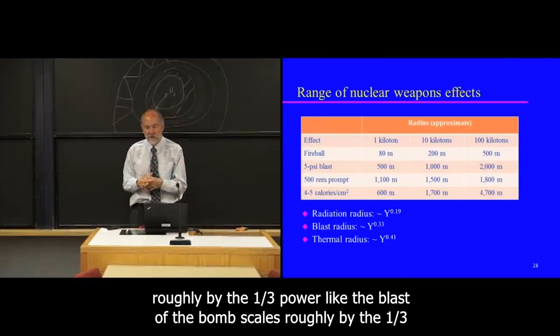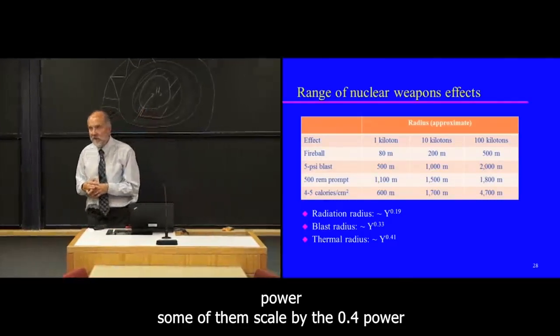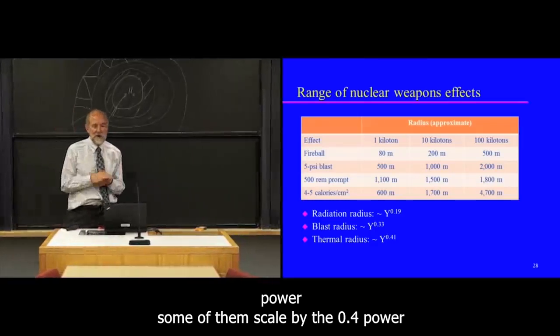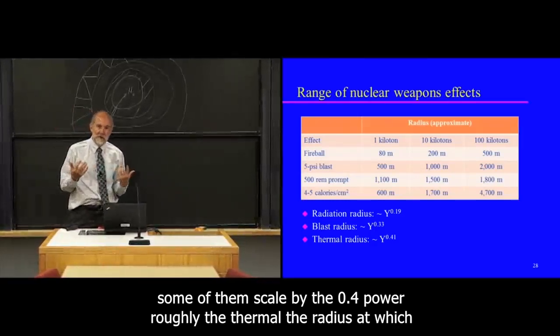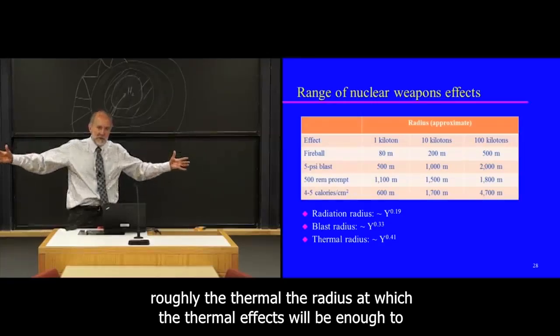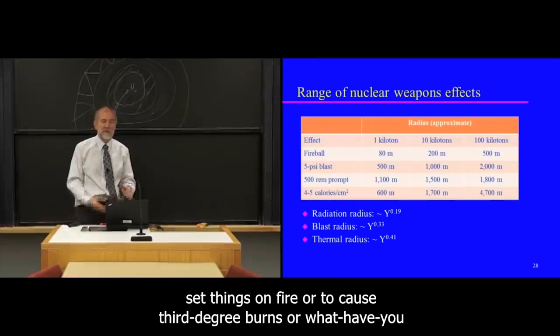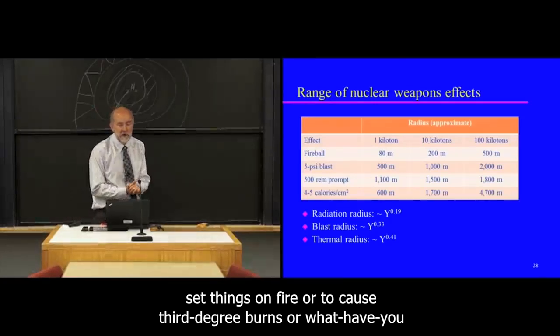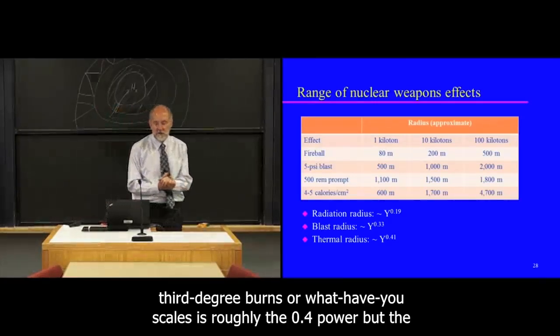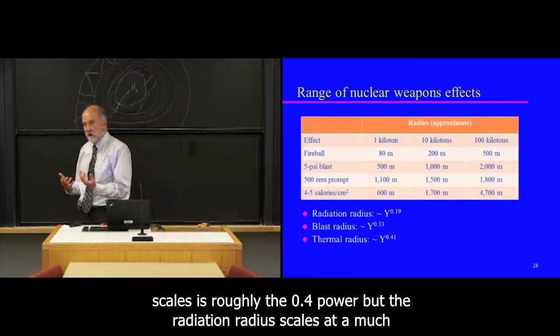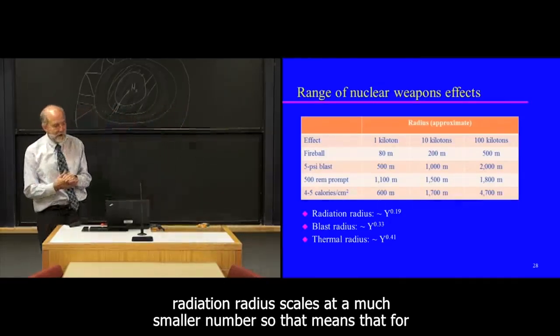Some of them scale by the 0.4 power roughly, the radius at which the thermal effects will be enough to set things on fire or to cause third-degree burns or what have you. That scales as roughly the 0.4 power, but the radiation radius scales at a much smaller number.